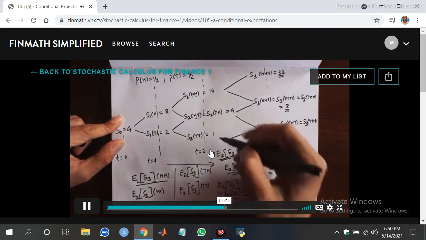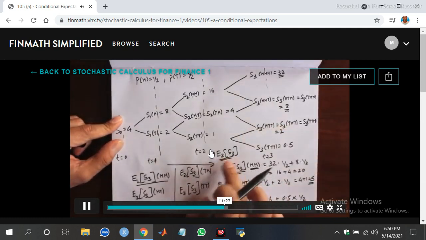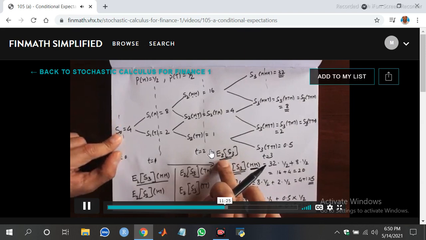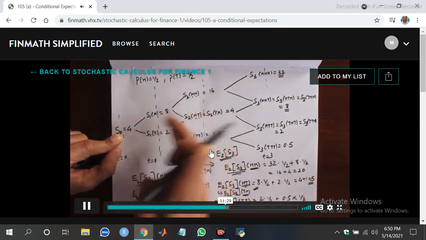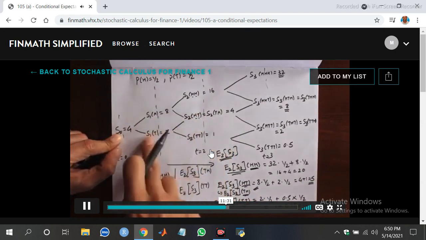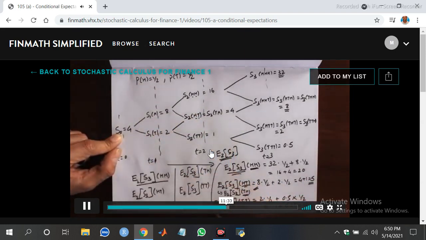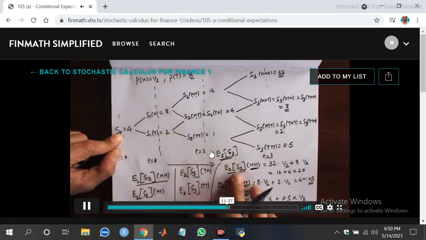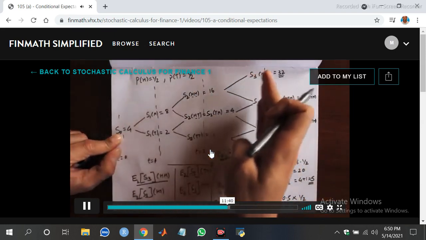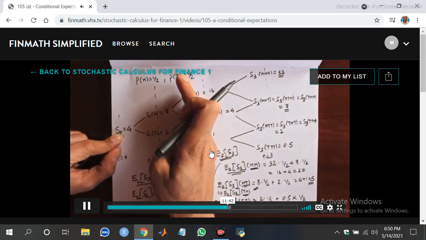So that means that this particular expectation is random at time 0, right? Depending on the two coin tosses, the expected value will change, okay? So a very important thing to keep in mind is that the expected value of S3 at time 2 is random.